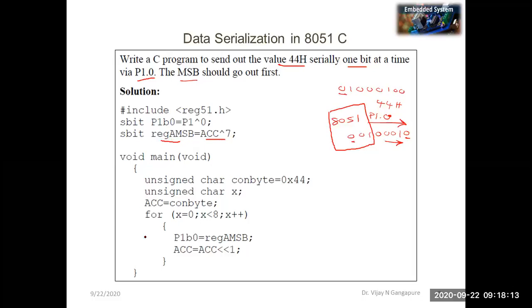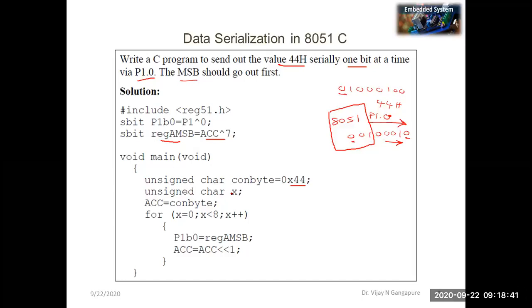Now the main program: void main(void), unsigned char conbyte equal to 0x44. So this is a declaration statement. I am declaring conbyte as an unsigned char type variable, and I am initializing it with value 0x44, which is the data byte to be transmitted serially on pin number 0 of port 1, that is on the P1B0 pin.